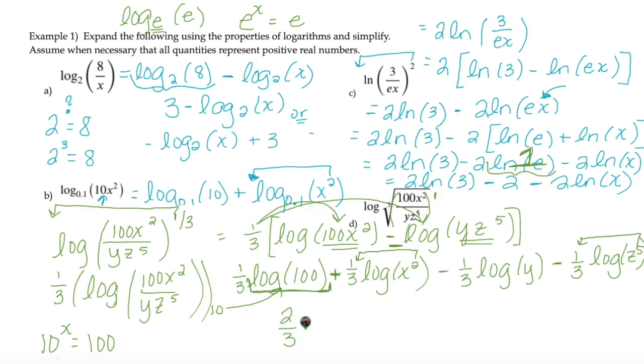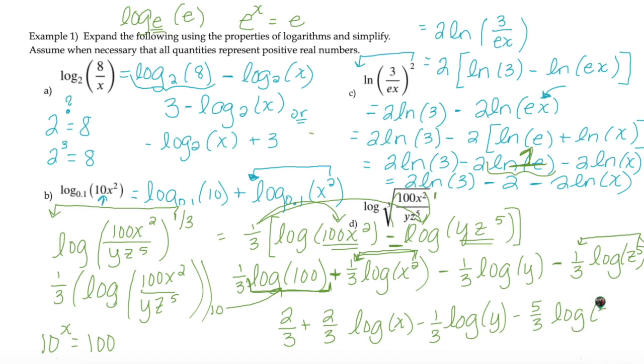Plus, when I take 2 from my exponent and multiply it by 1/3, we'll have another 2/3 log of x. Nothing needs to happen with negative 1/3 log of y, so we'll leave it as is. Minus then 5 times 1/3 would be negative 5/3 log of z.